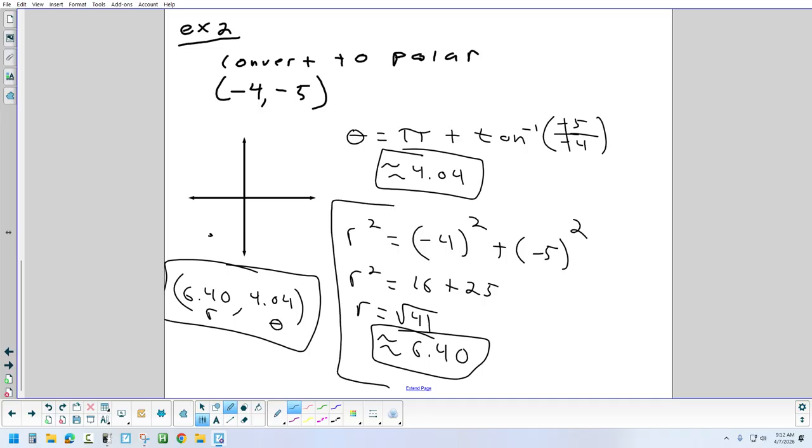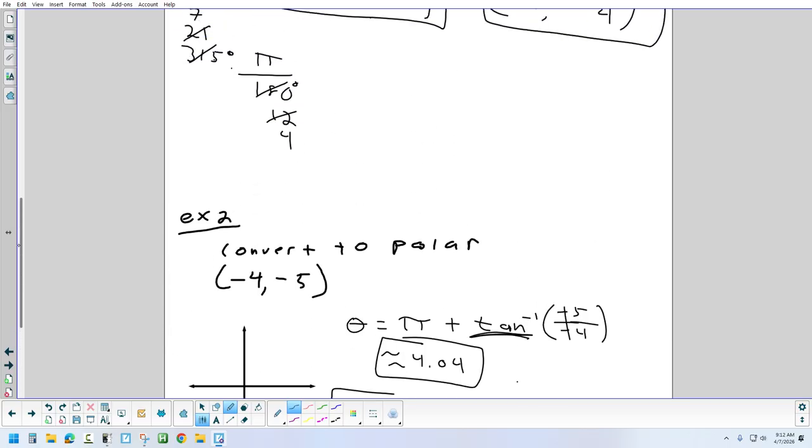That's just Pythagorean theorem. The only part that radians or degrees affects is when you press a button like sine, cosine, or tangent. Then you have to be in the mode they tell you to be in, and on the test it'll say, write your answer in degrees or write your answer in radians. Okay, so any question on converting to polar from rectangular?